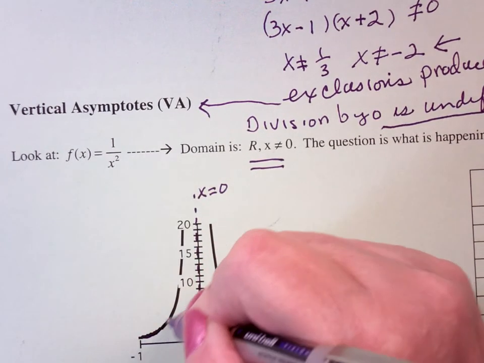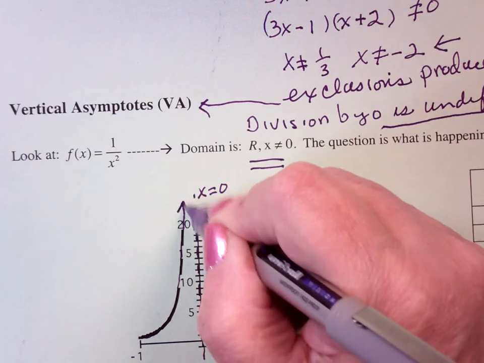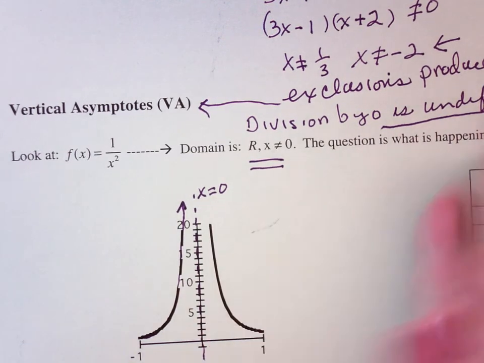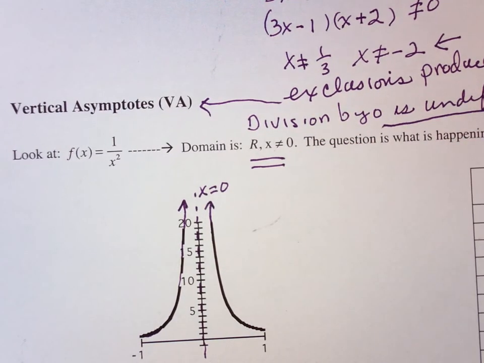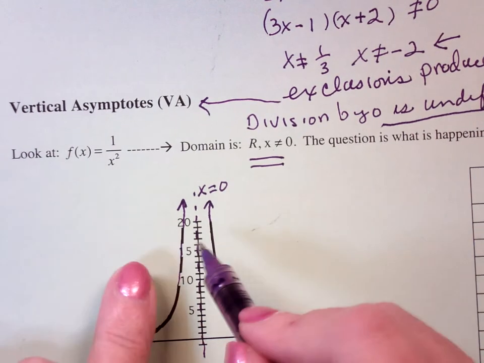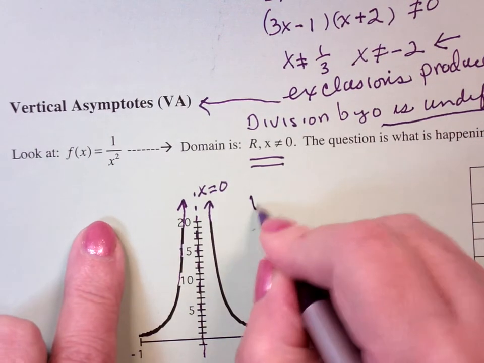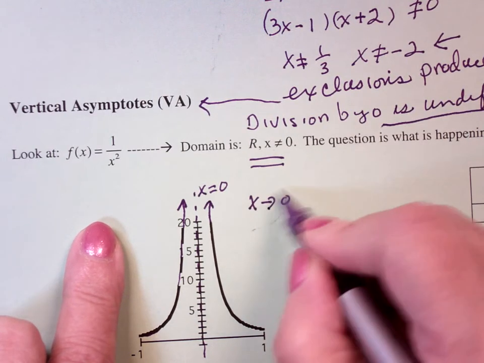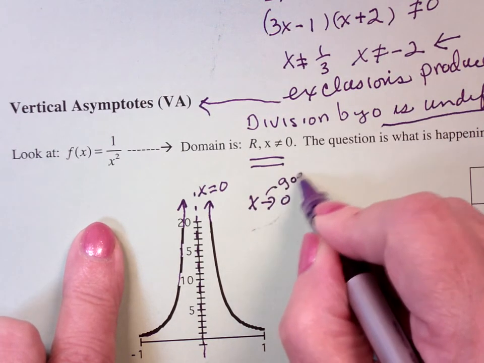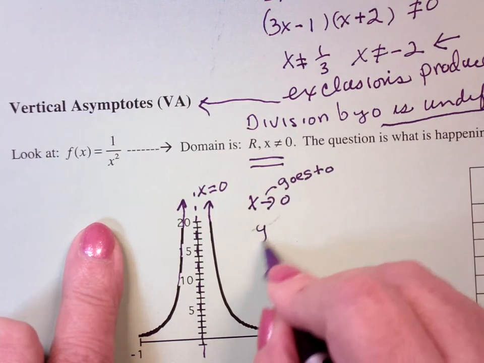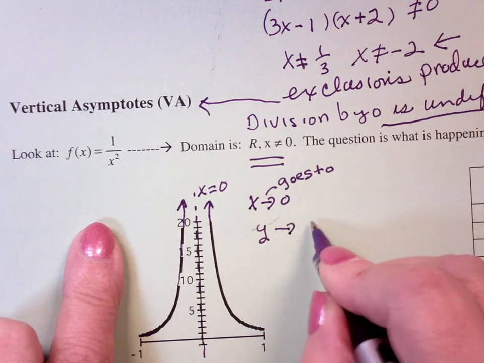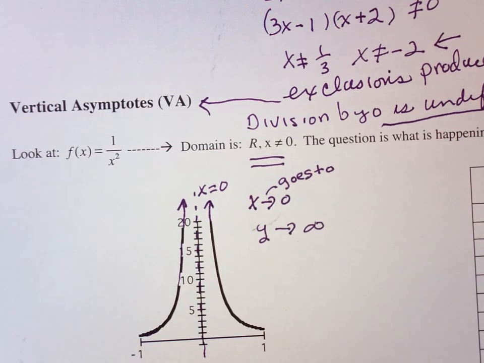If I'm coming in from the left, this guy is going up, never crosses the x-axis, but is moving in toward the axis. So as x goes to 0, I'm going to use that little arrow that means goes to, y goes to infinity. It just keeps going. Undefined, plus or minus infinity in this instance.